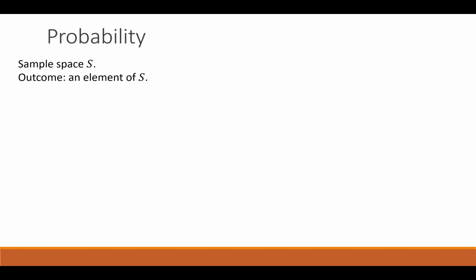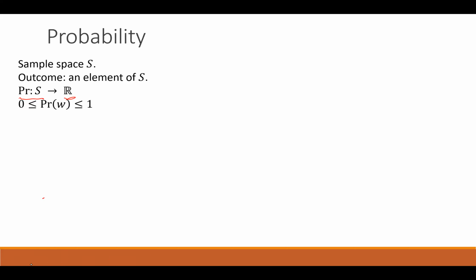We sort of ignore the idea that it could land on its edge or a seagull could come grab it, stuff like that. The stuff that's out of the usual realm. So these are well-controlled experiments. And then we have a probability function that maps each element of our sample space to some real number such that that real number is between 0 and 1, right?